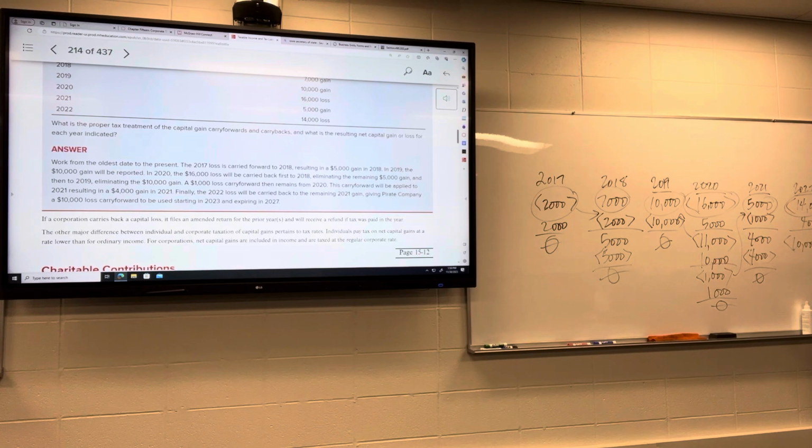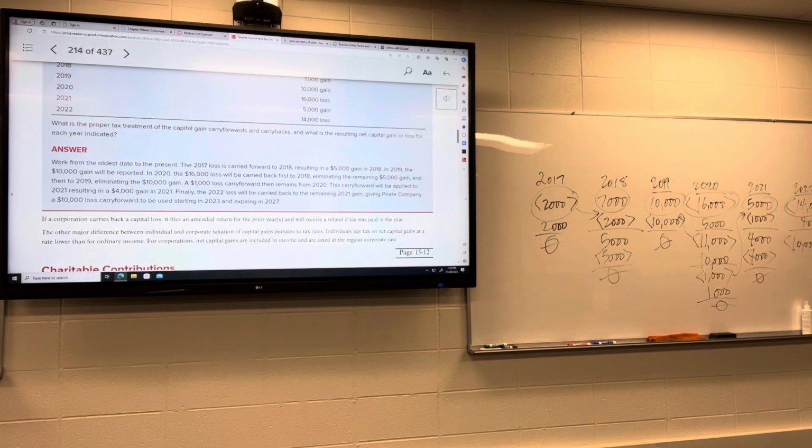So we'll take that $4,000, go back and amend that tax return. That brings that down to 0. Now we can't go back anymore because all of these are at 0. We've already offset all of our gains. So even though we have this $10,000 loss this year, we'll have to use it going forward and hope that we have some capital gains at some point so that we can offset them with that 10,000.